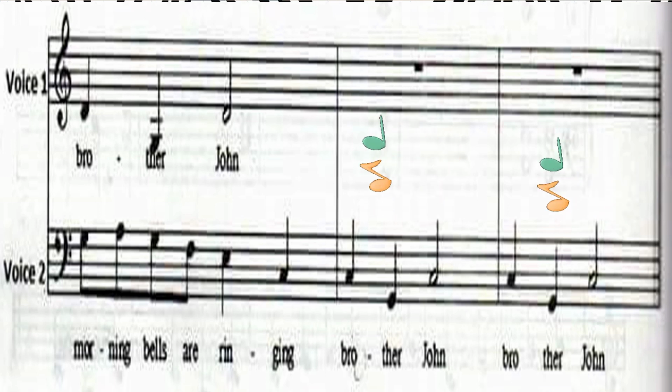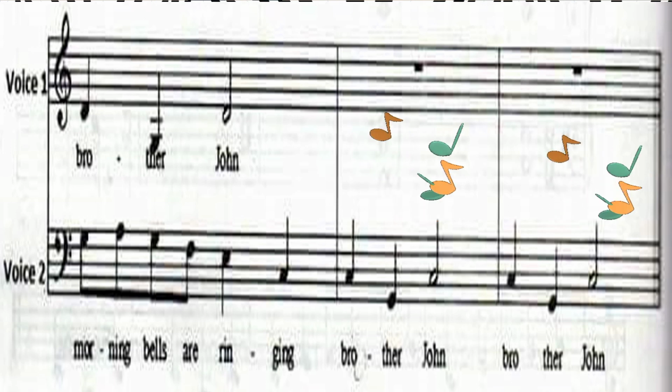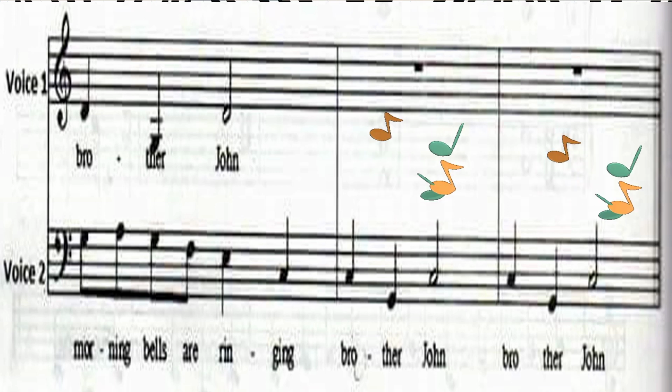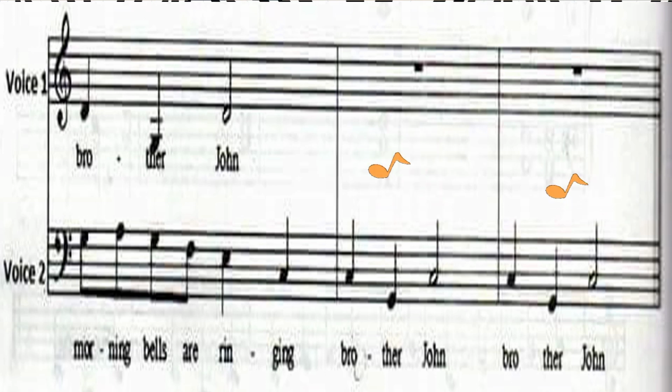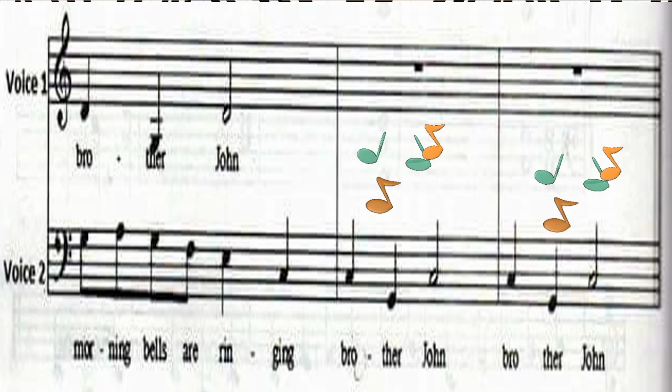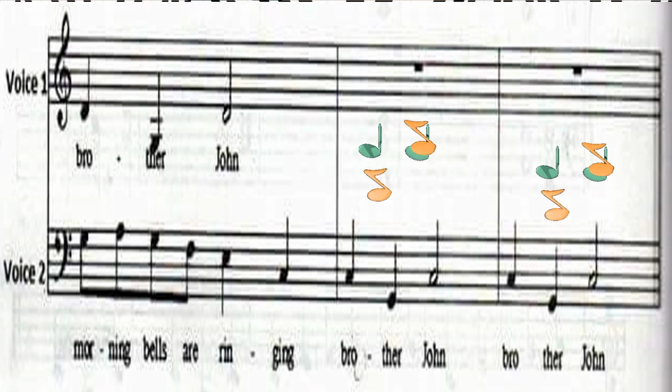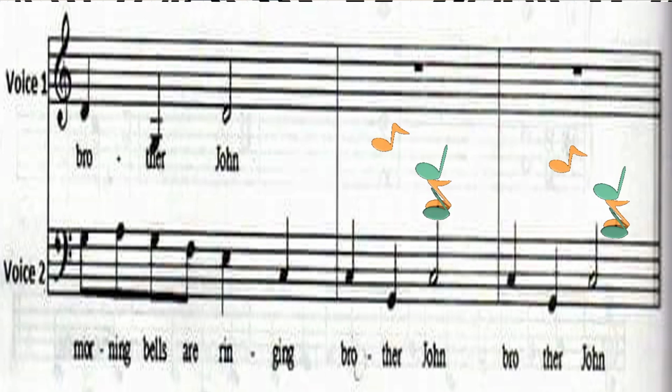While group 2 or the boys are still in the second line of the song. Morning bells are ringing. Brother John, Brother John. Okay.